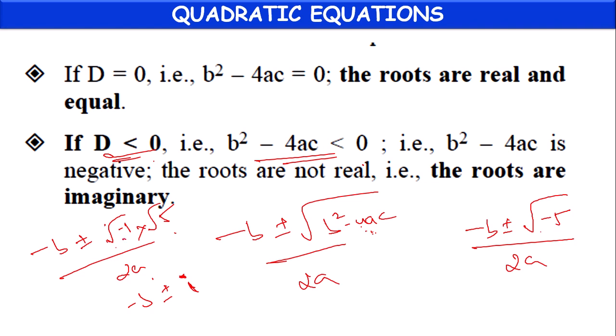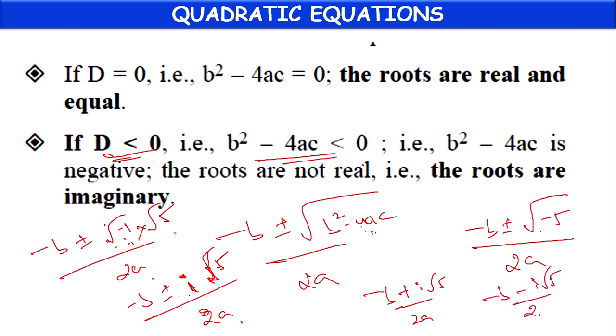Root of negative numbers does not exist as real numbers, they are imaginary. So we keep i into root 5 by 2a. Minus b plus i root 5 by 2a is one root, and minus b minus i root 5 by 2a is the second root.